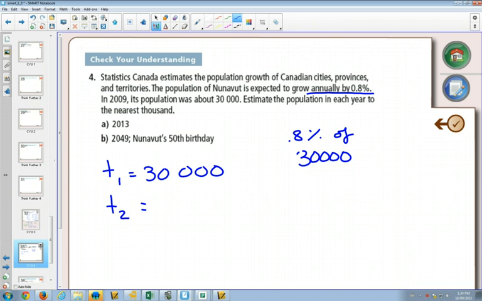Change the percentage to a decimal, which is 0.008. And for a percentage of, we would multiply that by 30,000. What do you get? 240? Is that 240? Okay. So how many people are there going to be in 2010?